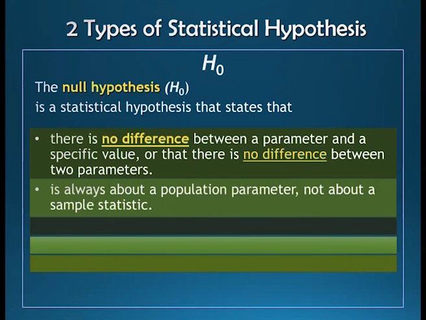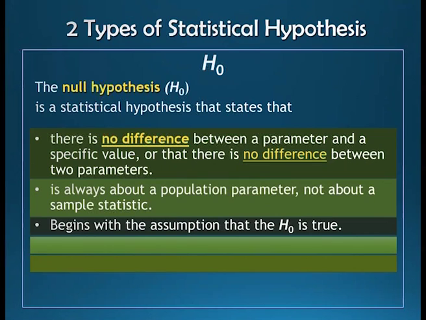The null hypothesis is always about a population parameter, not about a sample statistic. It begins with the assumption that the null hypothesis is true. It is similar to the notion of innocent until proven guilty.